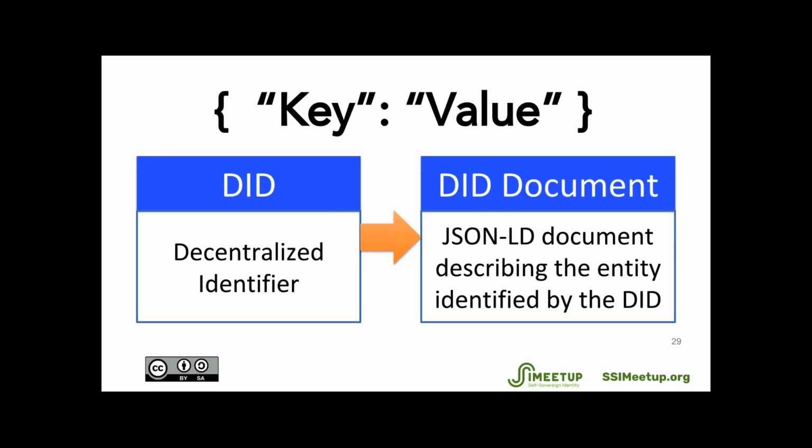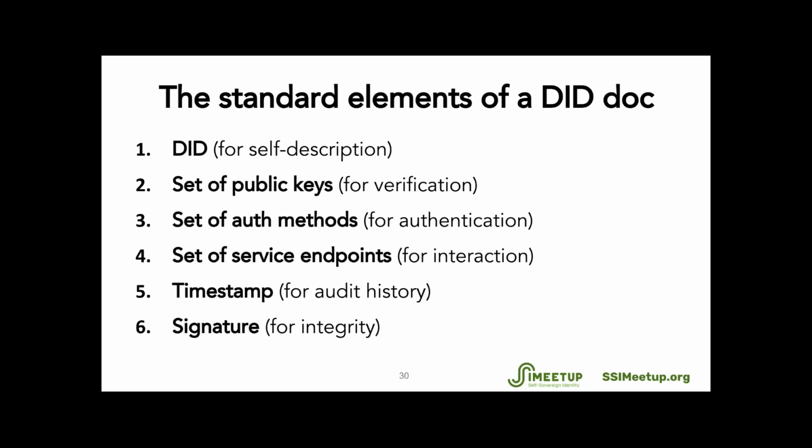And the point is, it's a very simple document format, and what it's intended to convey to you is actually primarily the first 4 of the 6 things that I have listed here. And so the DID itself is always part of the DID document, so that if you find a DID document, if you've got it stored in a database or a file system or a program someplace, you can actually say, what DID is this? And you can quickly go verify that that is in fact still the current and accurate document for that DID.